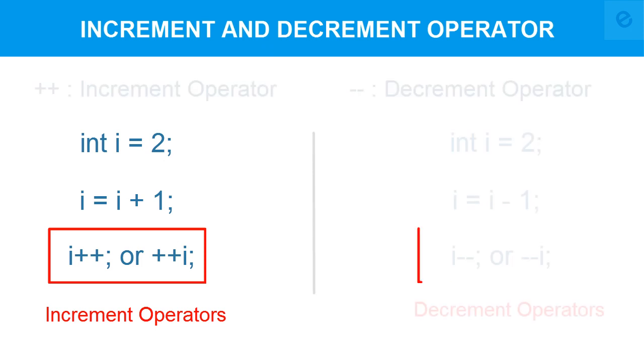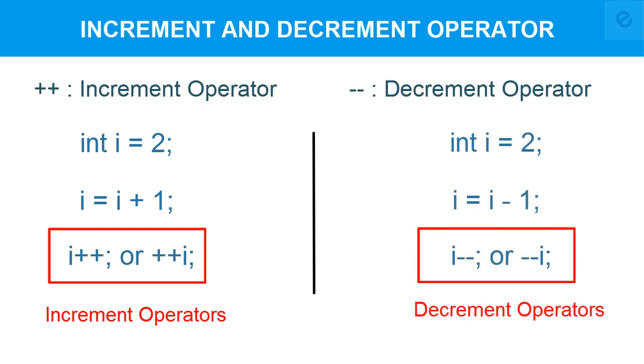Now let's talk about the decrement operators. They also work in the same way, but instead of adding the value 1 to I, it subtracts 1 from the variable. Like it is given that I equals I minus 1.